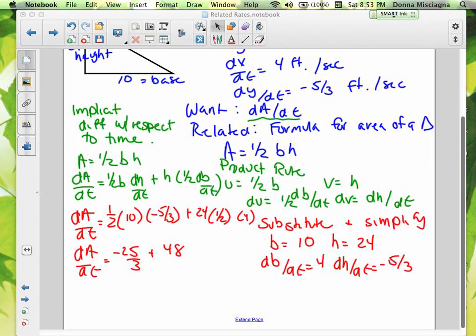And we need a common denominator so we can add these together. So put a 3 under the 48, which means we multiply by 3, which gives 144.